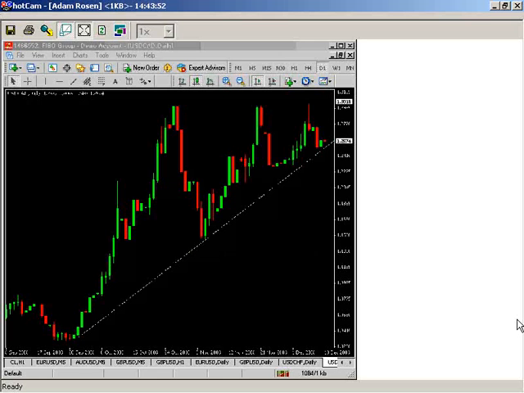Those are considered the majors, more active, and the spreads are closer together. But if you trade the more exotic currency pairs, like the Kiwi yen or the CAD yen or the Aussie yen or the Aussie pound, that's a different story, because those are not as actively traded, and therefore the spreads tend to be wider.